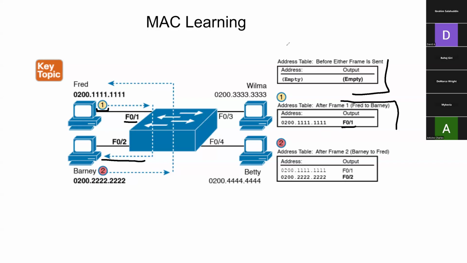So it's learning as the frames are being sent on the network. And then the same thing will happen with Barney. When Barney wants to send a message over to Fred, the switch is going to take his source MAC address and add it into the MAC address table. And this is how all the bindings are created. It's really dependent on how much data is passing through the network, and it's going to identify what the MAC address is of that sending device and populate the MAC address table with that information.